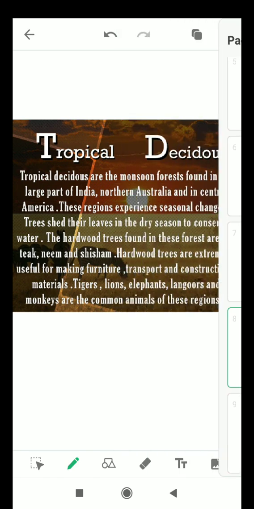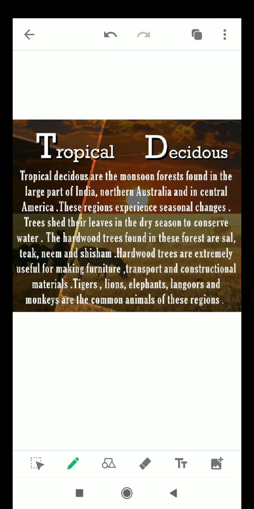Then next we have tropical deciduous. These forests lie in tropical regions and receive rainfall between 200 centimeters and 70 centimeters, and they are found in the Indian subcontinent, Thailand, Vietnam, Taiwan, etc. Unlike evergreen forests, the trees of these forests shed their leaves for about 6 to 8 weeks in the dry summer, and teak is the most dominant species of this forest.